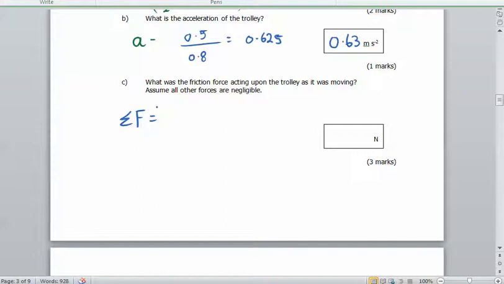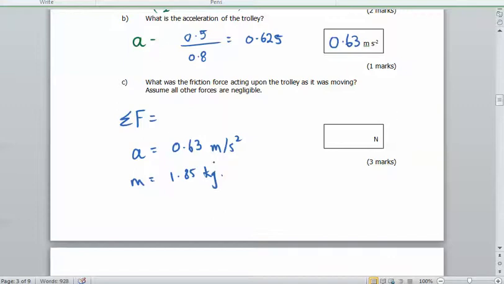Well, this entire system accelerates. What's the acceleration? All right, so we've rounded off to 0.63. We've said that this system accelerates at 0.63 meters per second squared. We've got that from the graph. What's the total mass? 1.85 kilograms.